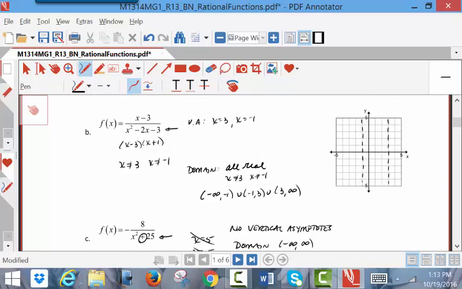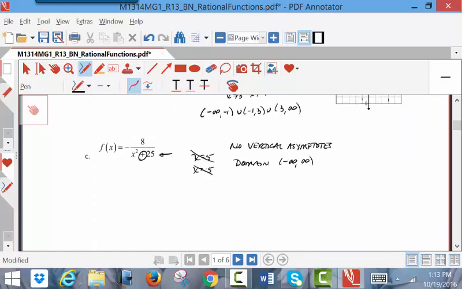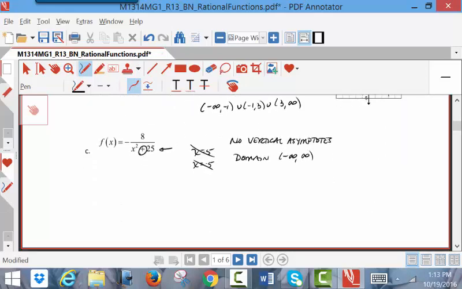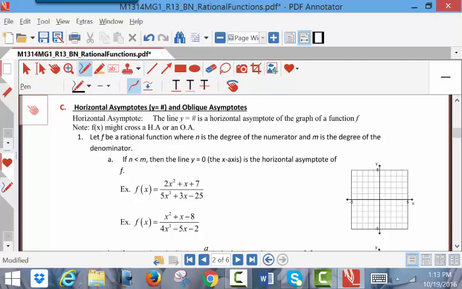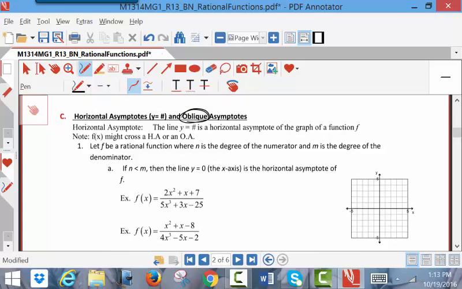So you know from the original graph that we also have these things called horizontal asymptotes. Why is this not scrolling? There we go. Okay. Horizontal asymptotes are y equals a number. And we're also going to run into these things called oblique asymptotes. Well, this textbook really does not use that word oblique, which most books use.